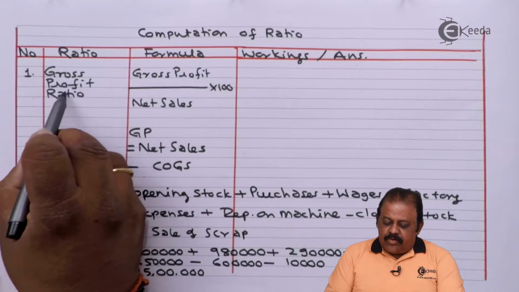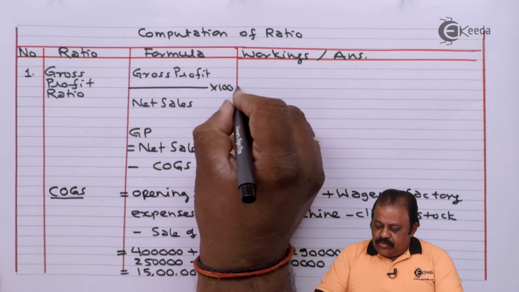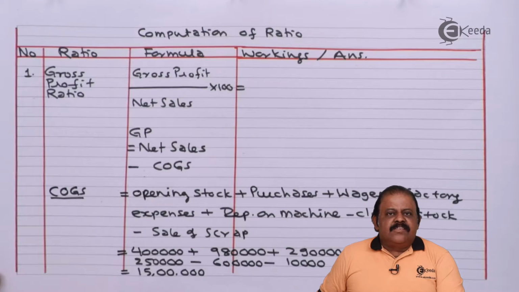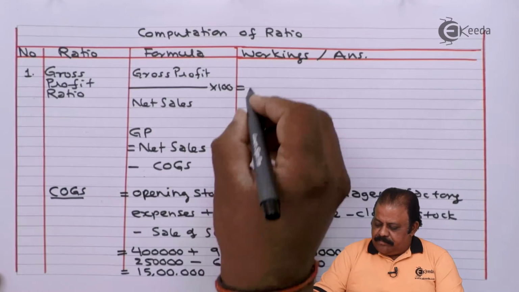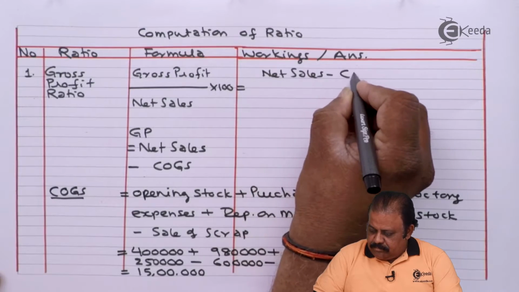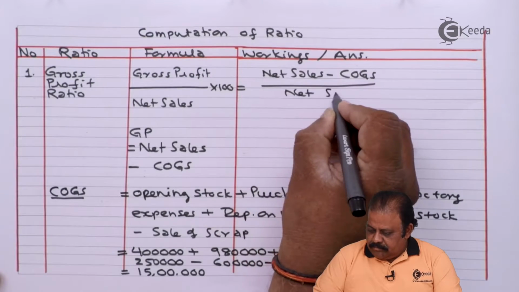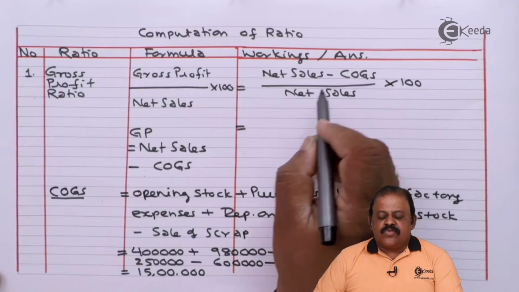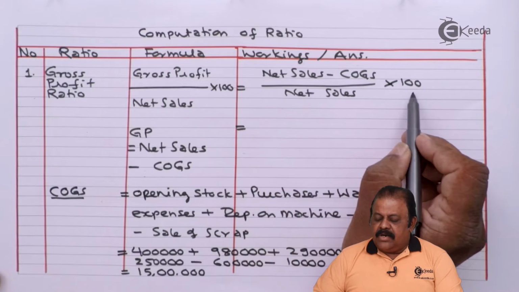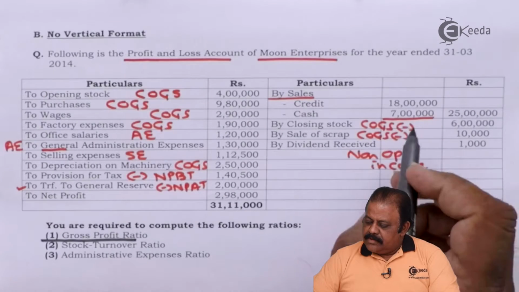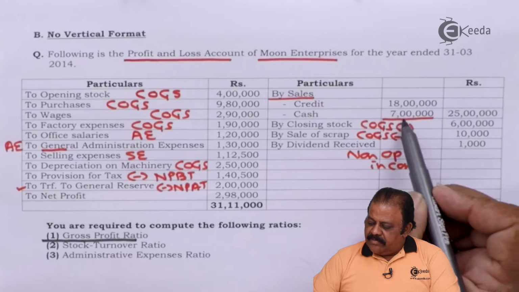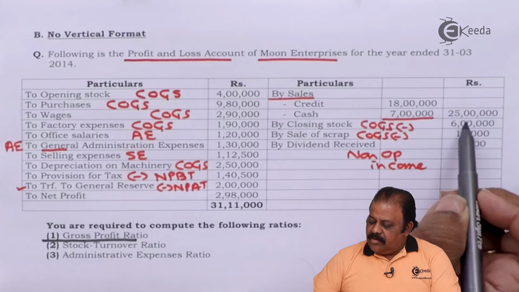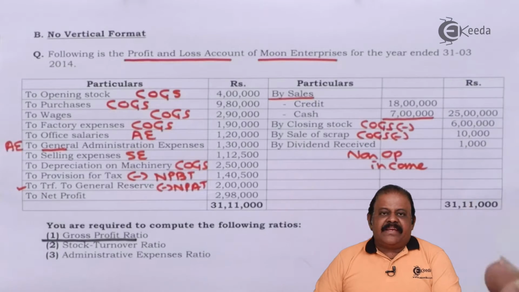Now we are required to calculate gross profit ratio. Gross profit will be equal to net sales minus cost of goods sold, divided by net sales, multiplied by 100. Since we have 18 lakh plus 7 lakh, 25 lakhs, and there are no sales returns, net sales will be 25 lakhs.